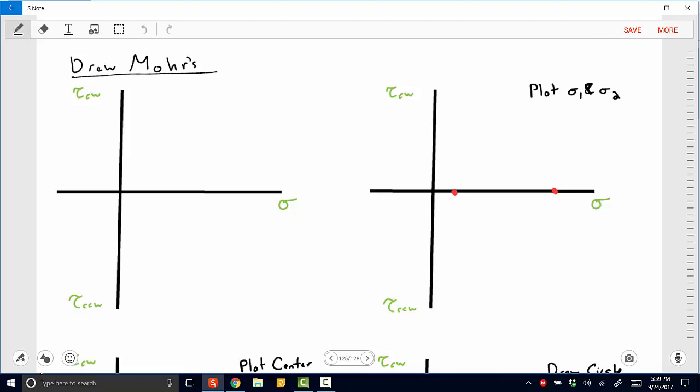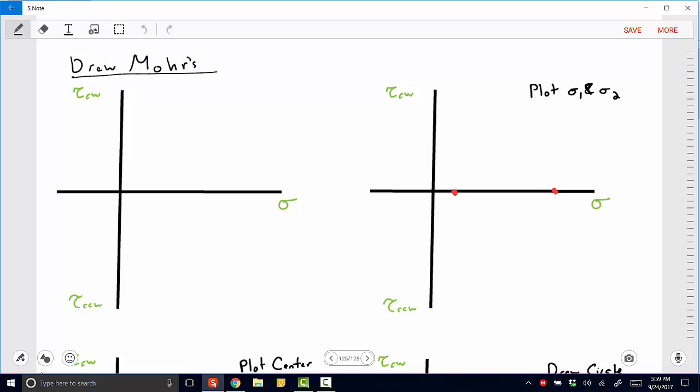We can start directly with finding the center of our circle and then finding its radius and drawing the circle. Or we can start with locating the values of our principal stresses, exercising our equations and finding principal stresses.